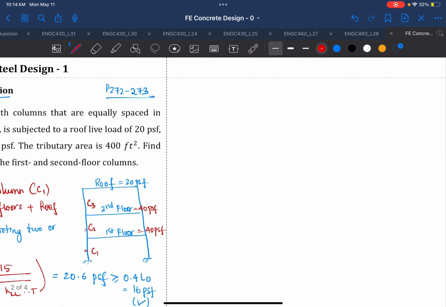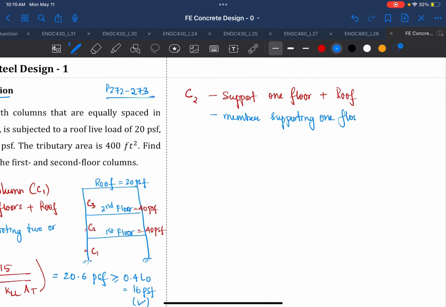Okay, so now for C2, it will support one floor plus roof, which means that this is a member supporting one floor.